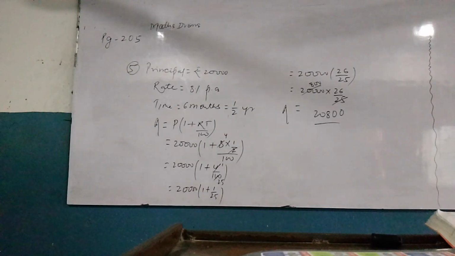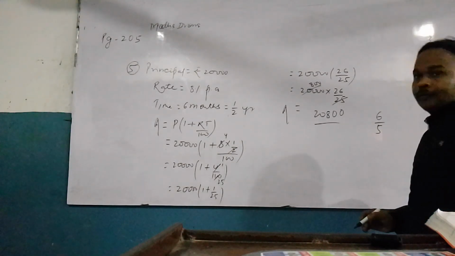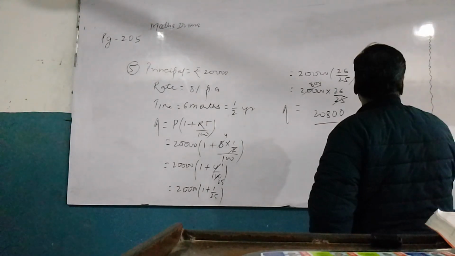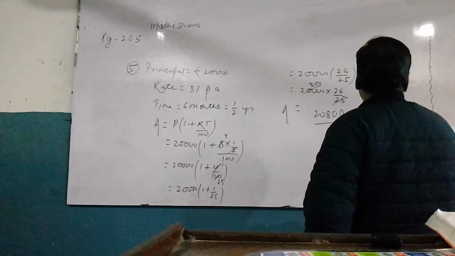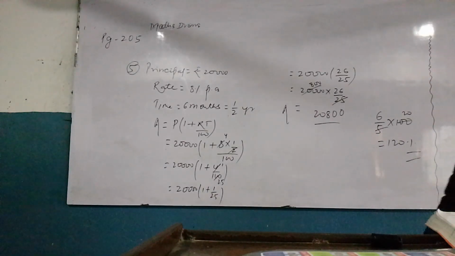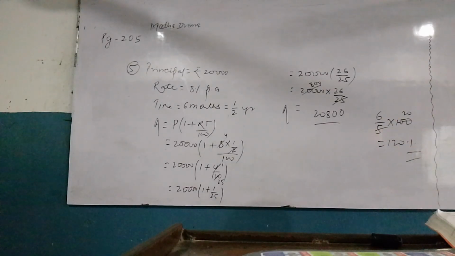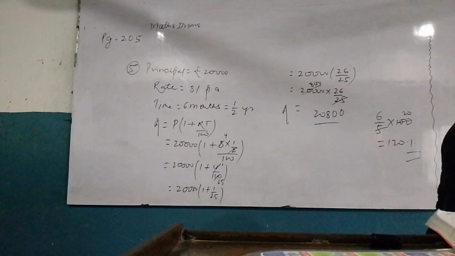Suppose an improper fraction is 6 by 5. When it is converted into percentage, 6 by 5 into 100 is equal to 120%. Simple. 6 by 5 is an improper fraction, and when converted into percentage it is 120%. Here the answer can be less than 100? False. It is a false statement.